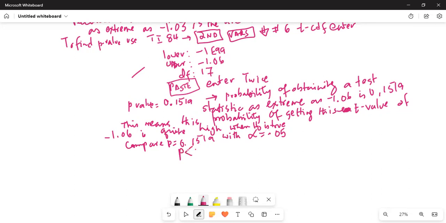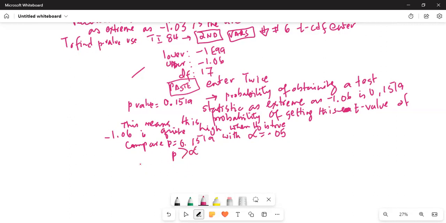What am I writing? P is greater than alpha. P is 0.1519 and alpha is 0.05. There's an order of magnitude difference between the two. So p is greater than alpha. Okay.